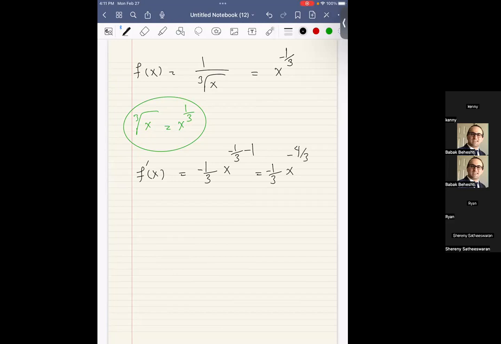And you can rewrite this as minus 1 over 3 times 1 over the cubic root of x to the power 4. Okay? So these are a few examples of derivative of powers.